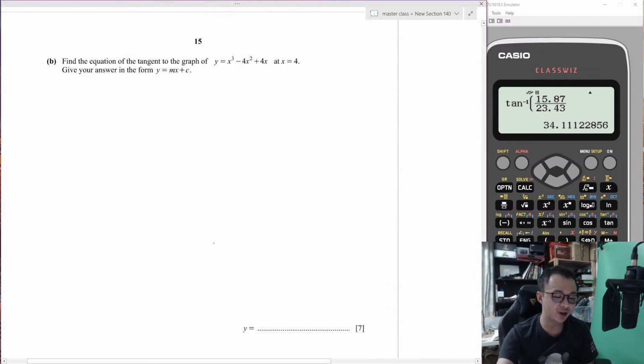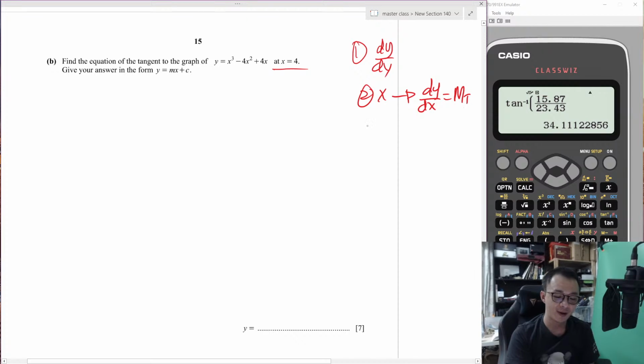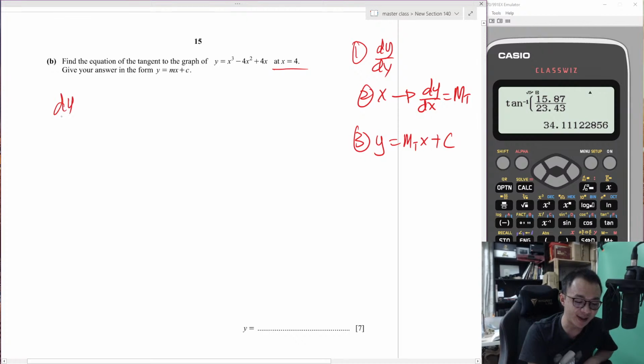Then find the equation of tangent for this one. So when x equals to 4, follow the steps. Equation of tangent, first step we do dy dx. Second step we sub x value into dy dx. Then we will get the gradient of tangent. Third step we form the equation using y equals to mx plus c. Definitely my m here is the gradient of tangent. Alright, so dy dx I just did, but I do again, never mind. 3x squared minus 8x plus 4.